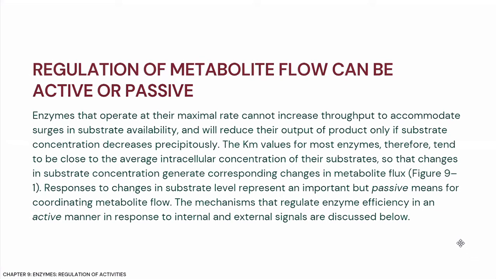If you want more reactions, then the metabolite flow, we increase it a little by little, until you get the maximum velocity. So this can be done either active or passive way of controlling it through metabolite flow.